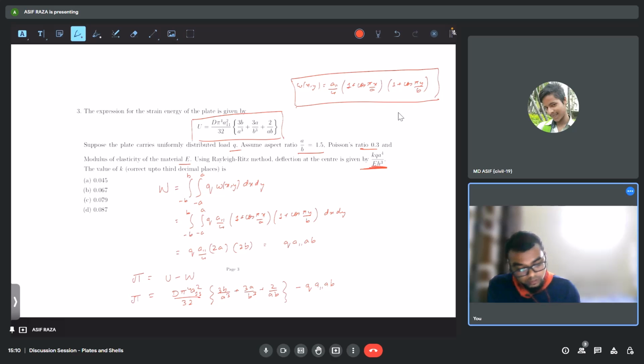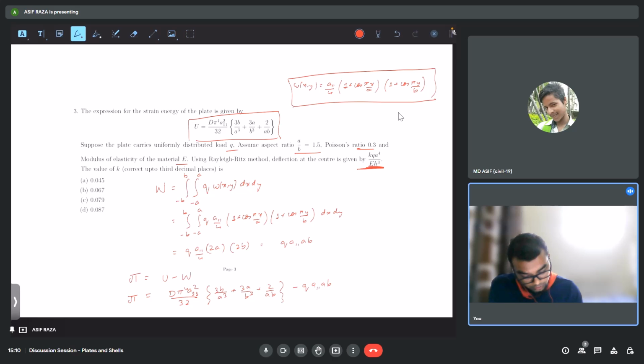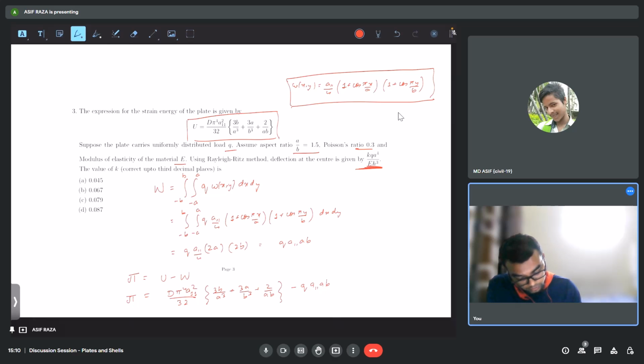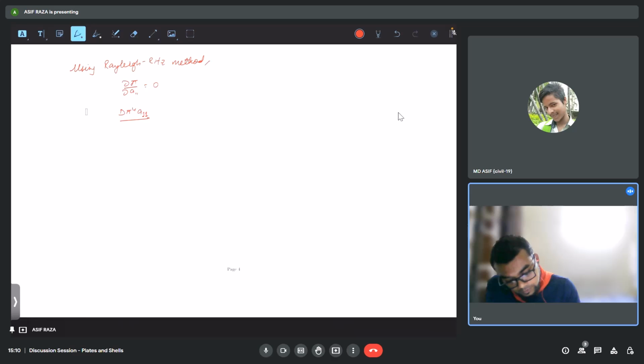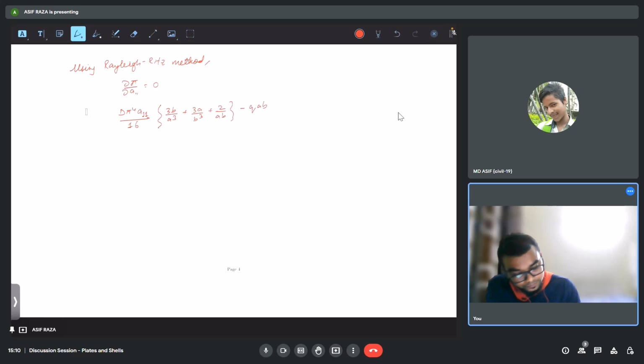Now using Rayleigh-Ritz method, we set the derivative of the potential energy with respect to a11 equal to 0. So this will result into D pi to the power 4 a11 by 16 times (3b by a cubed plus 3a by b cubed plus 2 upon ab) minus qab equal to 0.